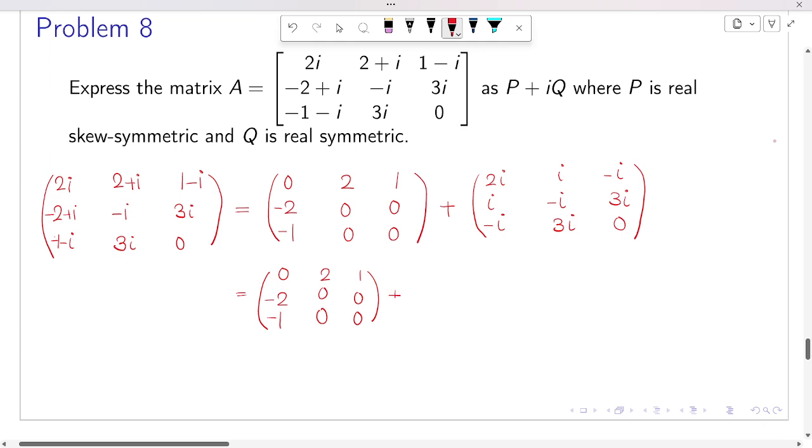And let us take iota out of this matrix. This is 2, 1, minus 1, 1, minus 1, 3, minus 1, 3 and 0.